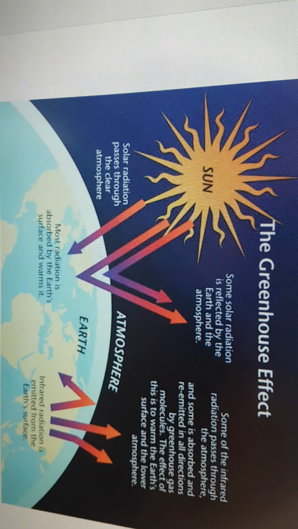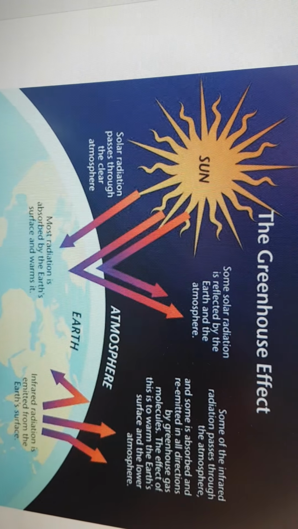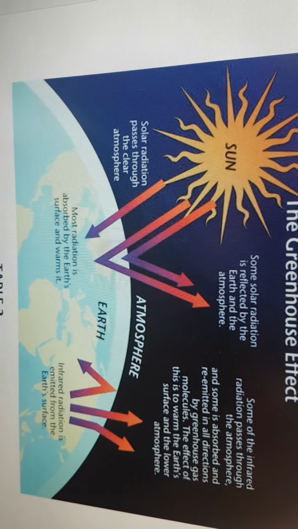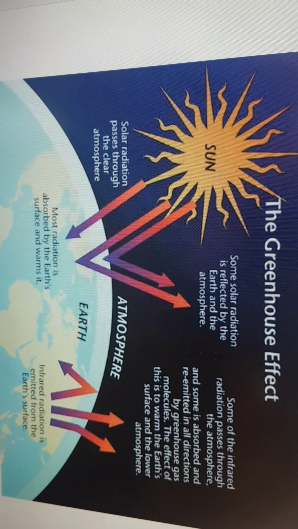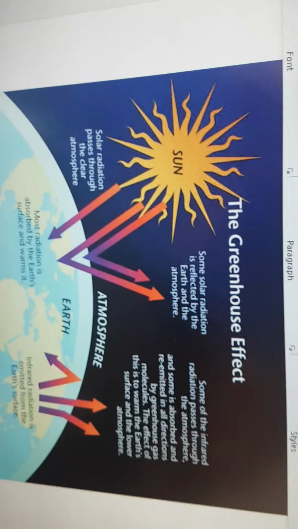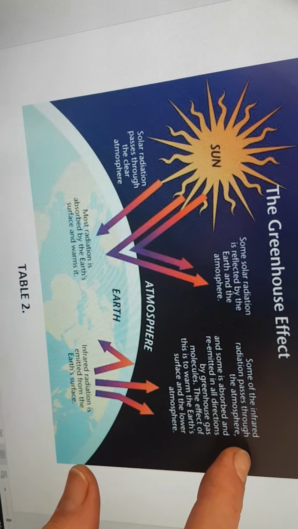Right, here's a nice little image. Now, solar radiation from the sun reaches the Earth. It causes the surface of the Earth to get hotter. Because the surface of the Earth gets hotter, it actually radiates infrared radiation back out into space.